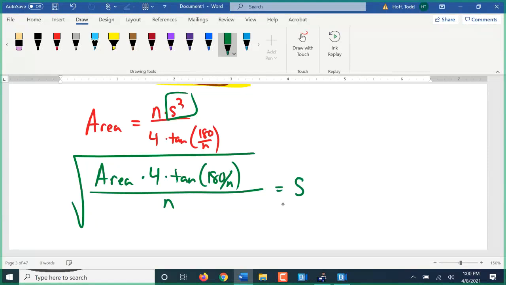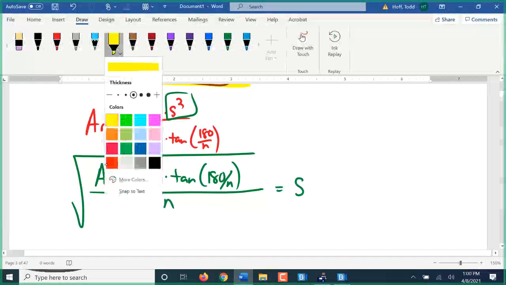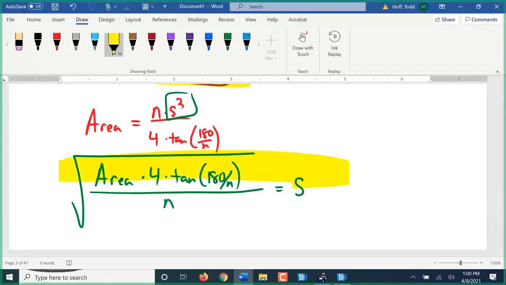That gives us the length of our side. So if we know the area that we need, and we want to find the length of a side for a regular polygon, we can use this formula to work backwards. Anybody have any questions?